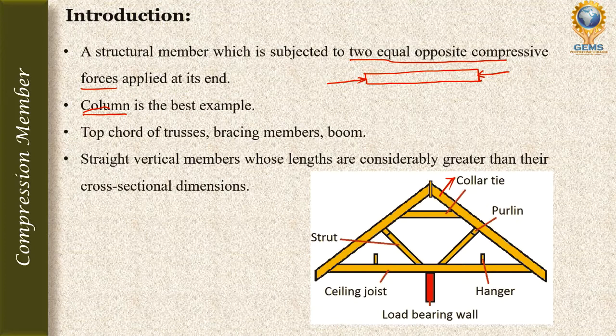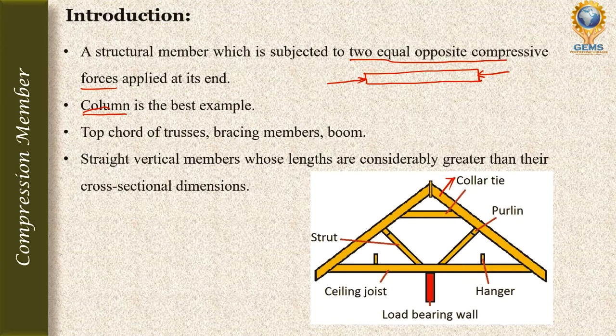Boom is another principal compression member, which is used in crane support. And there are compression flanges of built-up beams and rolled beams. These are some of the examples of compression members.